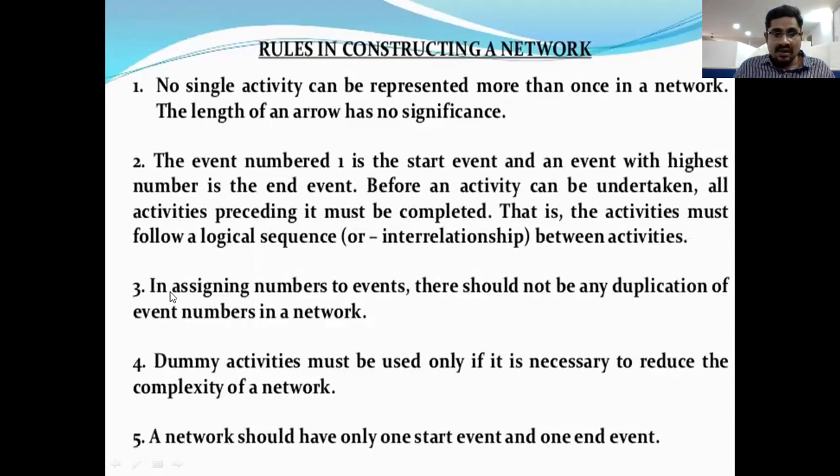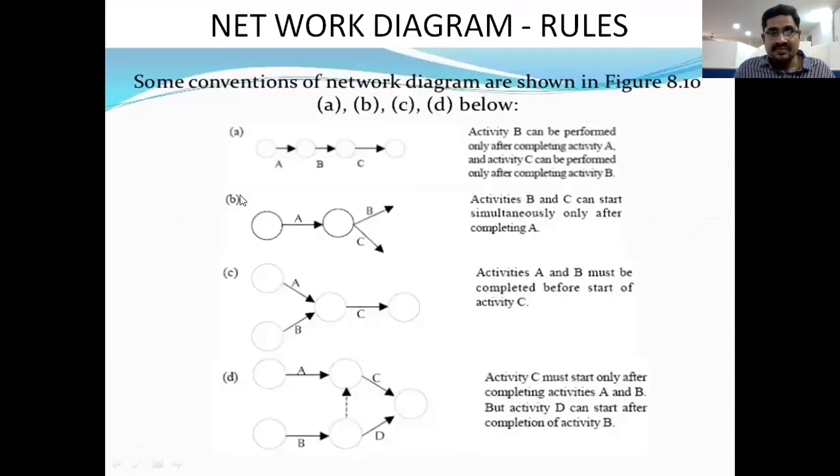So next, coming to this point, suppose this node has activity A, and next the second arrow B, and then C. These are the three activities in this diagram.